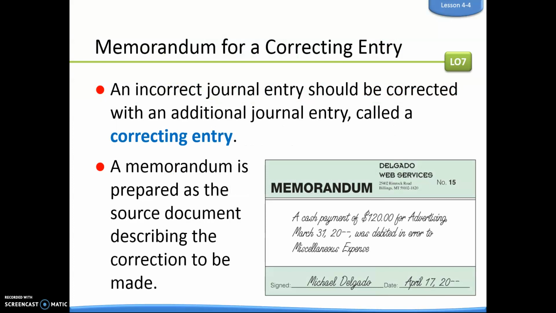So, anytime that we have an incorrect journal entry, it should be corrected by using an additional journal entry. And the reason I say this is you can go through and cross things off. However, remember that if time has passed, your journal is in chronological order.